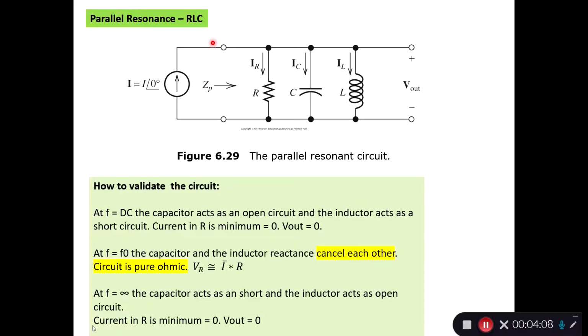Because of the short circuit, all the current from the source will go through the capacitor short, and therefore there will be no current to the resistor, and therefore 0 current times a resistance is still 0 V out. This is the properties of the parallel resonance circuit.